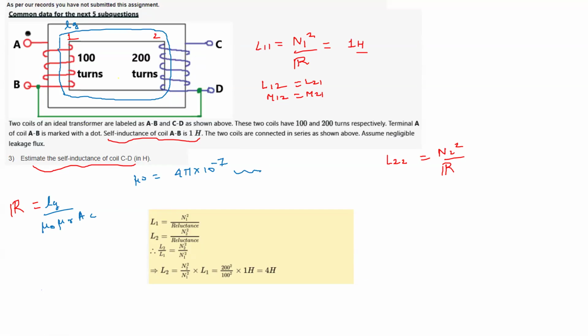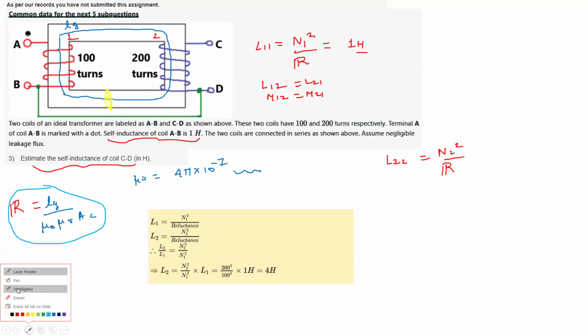If you put a voltage source at the input, a magnetic field will be produced due to the first coil, and it will see the reluctance of the total path length, which is Lg by mu naught mu r into A. For the second coil also, the path length is the same Lg, the cross section is the same, and the magnetic medium is the same.